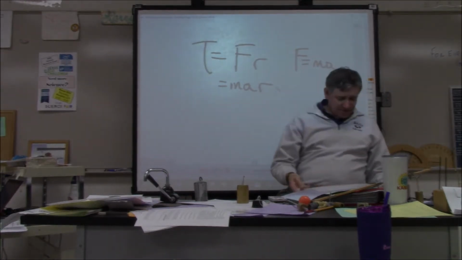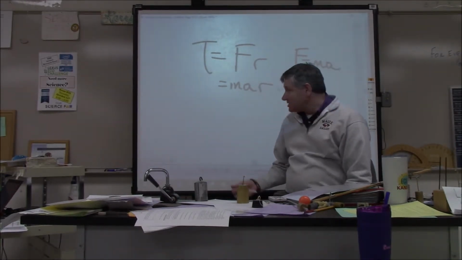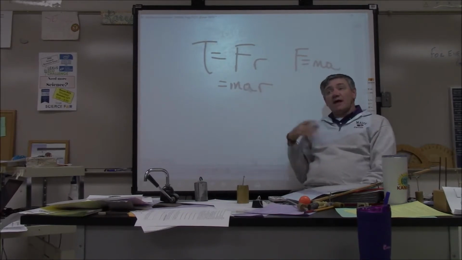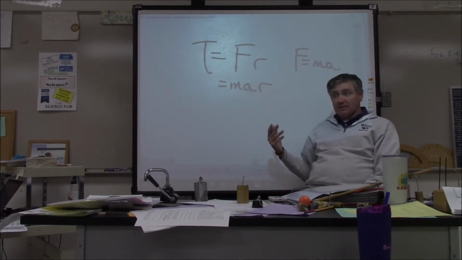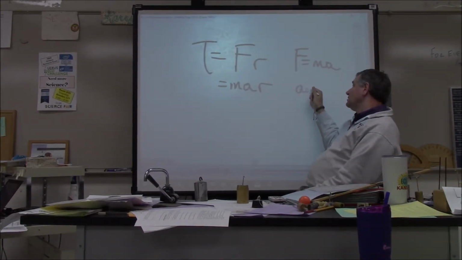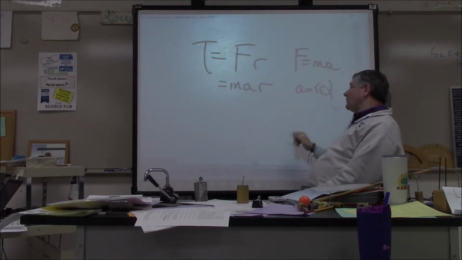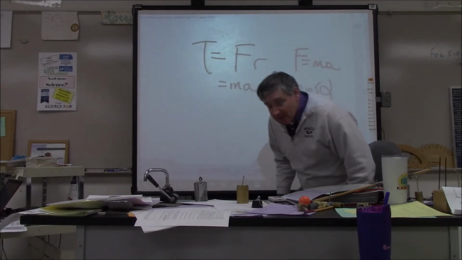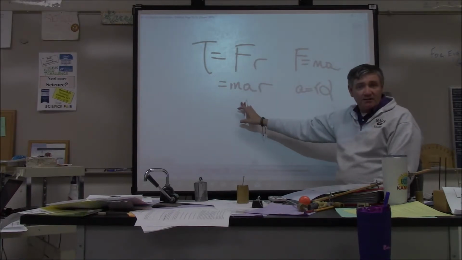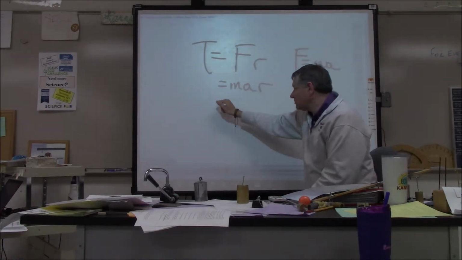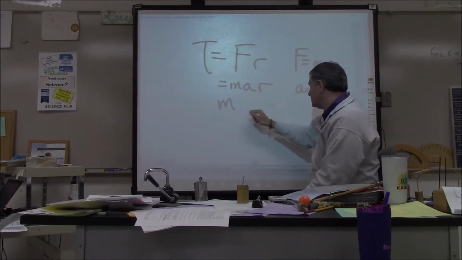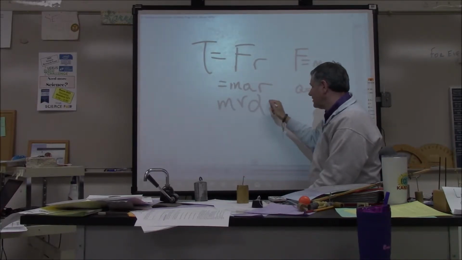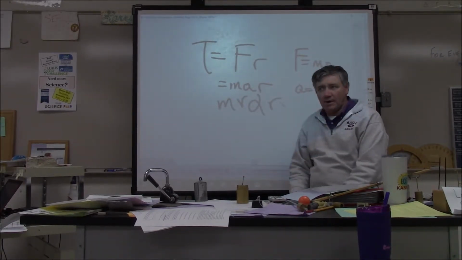So here's the question. What's the relationship between linear acceleration and angular acceleration, which is alpha? a equals radius times alpha, r alpha. So can I take r alpha and put that in for a? I think that's reasonable. So then I get m r alpha r, right?